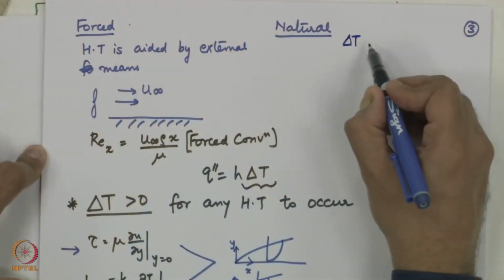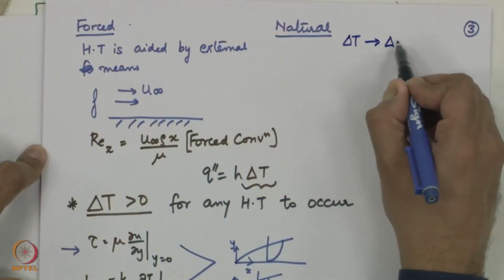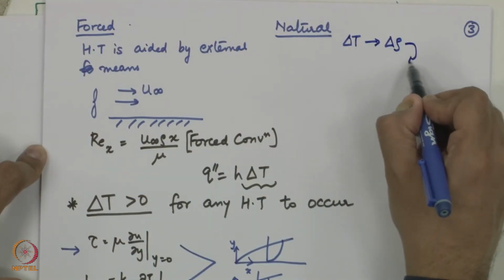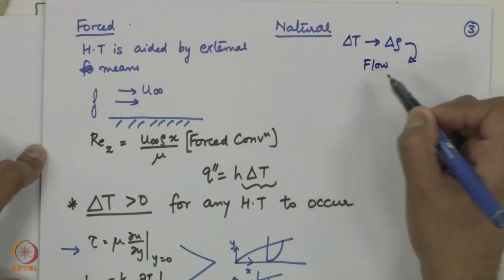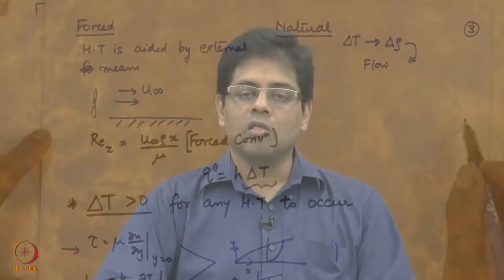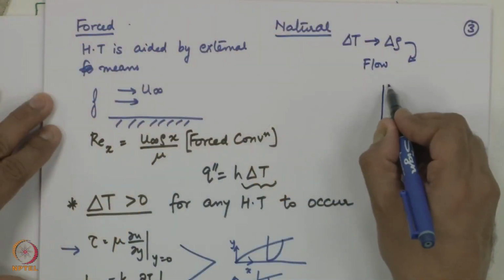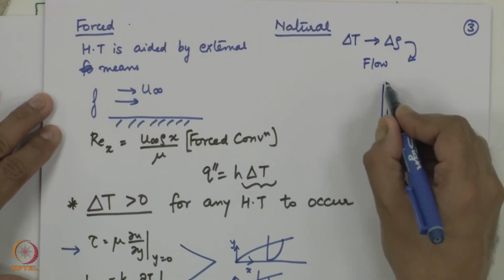Okay. So, natural convection, what is happening? How is this flow established? A delta T would be there. This causes a difference in the densities, and this causes the flow to occur. Where do you see this kind of phenomena? So, you might have seen heated plates which would be suspended for cooling.